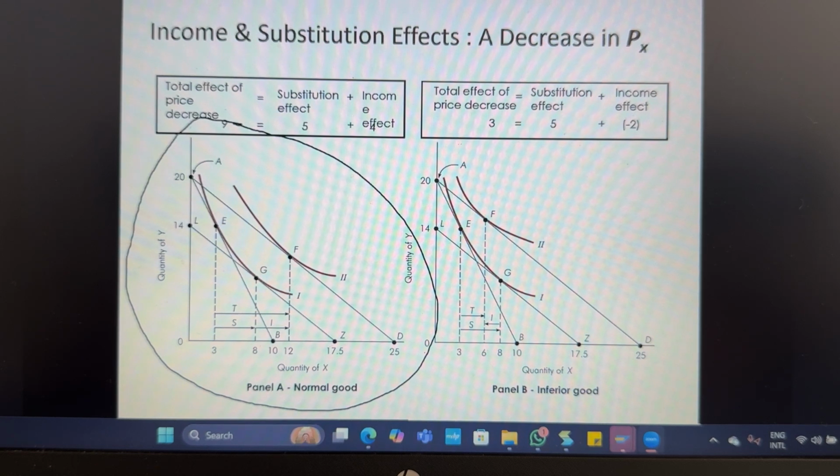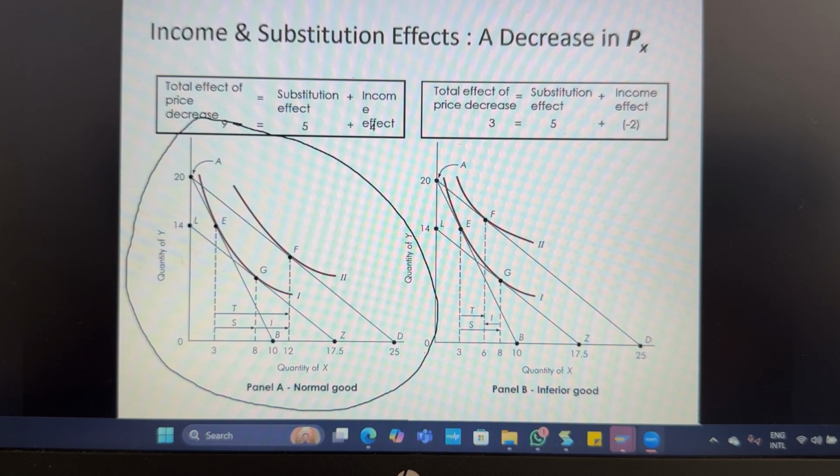E. At the initial equilibrium point, how much of commodity X would the consumer like to purchase? 3 units. Okay. Now suppose the price of Y is not changing, your money income is not changing, but the price of X is declining. Then what will happen to the AB budget line? AD, yeah. It pivots to the right side to AD.